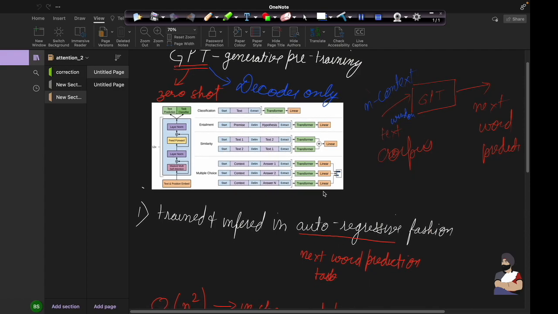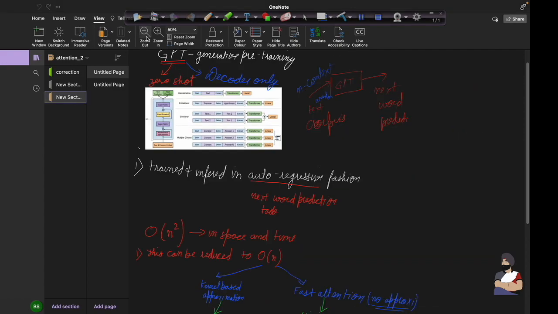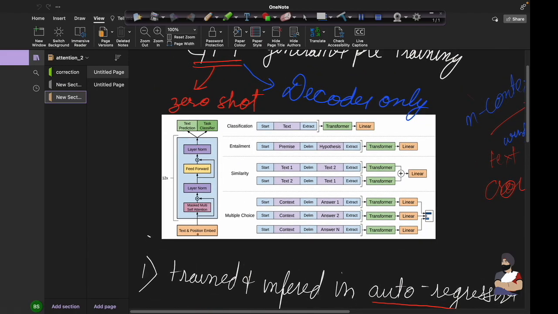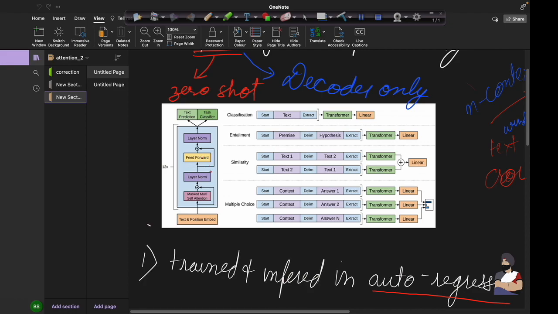Now let's discuss the architecture of the GPT. GPT based models do not have the cross attention, because there is no feature crossing with the encoder. It's only a decoder based model.